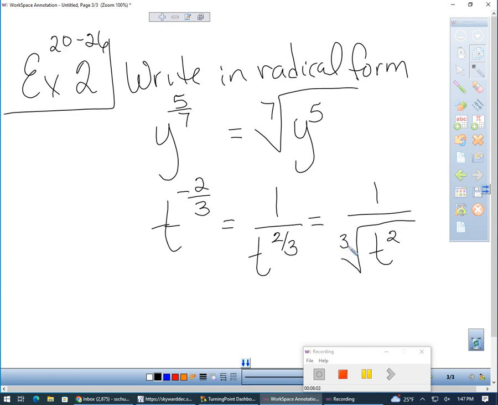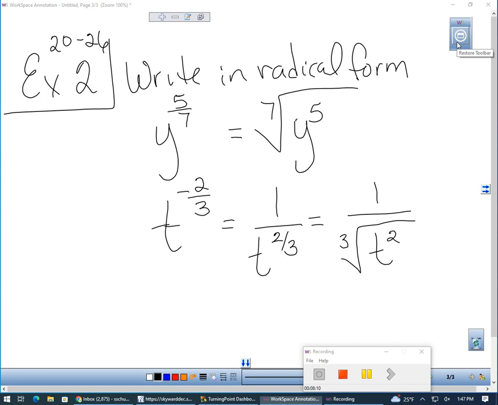But can I have a radical in the denominator? So what are we going to do? How do I get rid of a radical? We're going to multiply by the missing factor. This is a cube root, right?